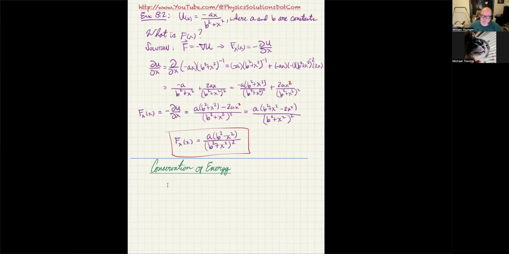So, what we have here is a conservation of what we call mechanical energy. And mechanical energy just involves potential energy and kinetic energy, that sort of thing. So when we say conservation of energy, we mean the total energy equals a constant.